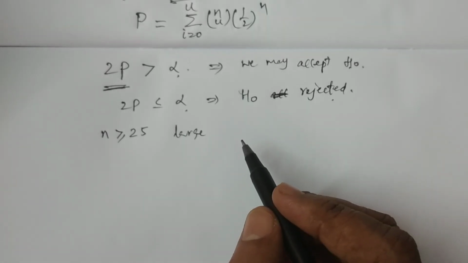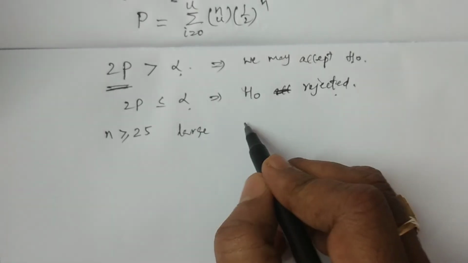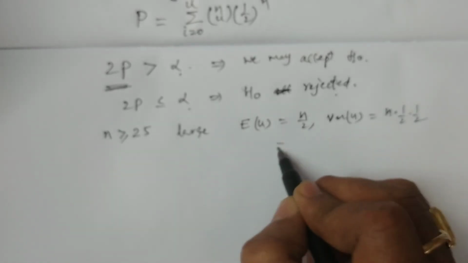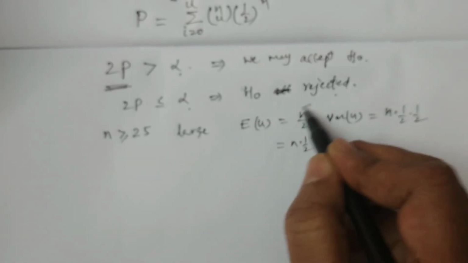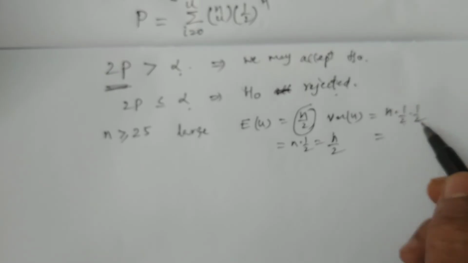The normal distribution is used to test the hypothesis, where expectation of u is equal to n by 2, and variance of u is n into P into Q, that is n into 1 by 2 into 1 by 2, so it is n by 4.